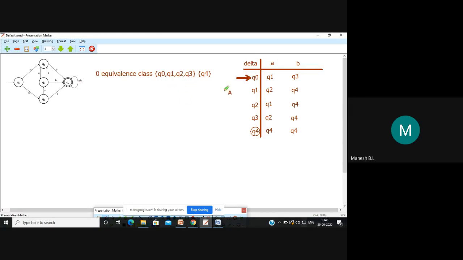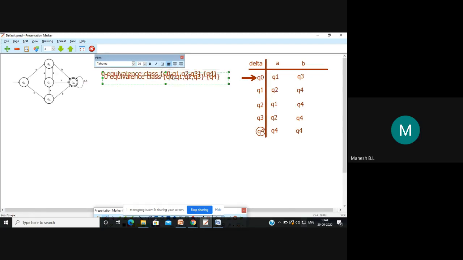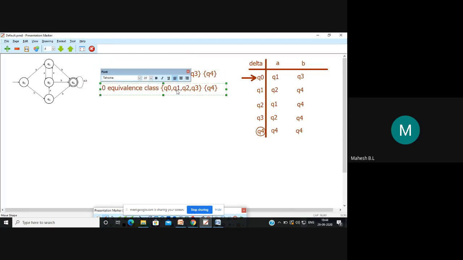So Q0 is distinguishable from Q1, Q2, Q3, and that's why we make a separate class for Q0, while Q1, Q2, Q3 stay in one class because they cannot be distinguished right now.